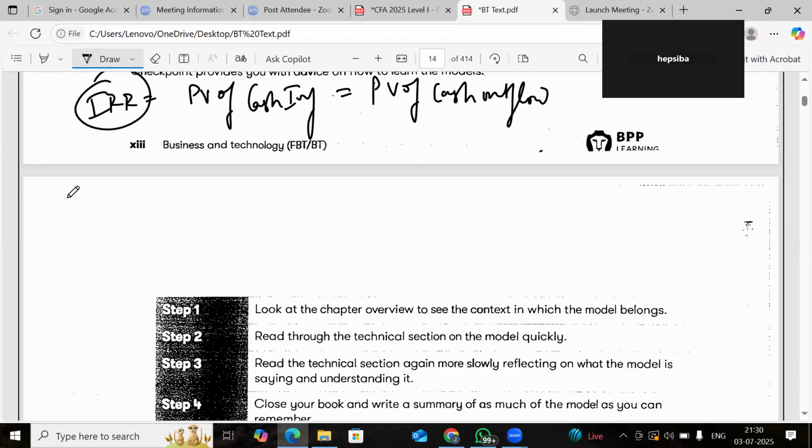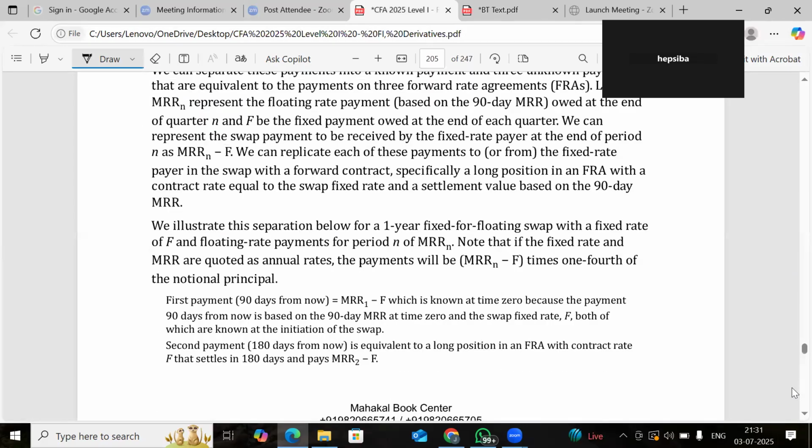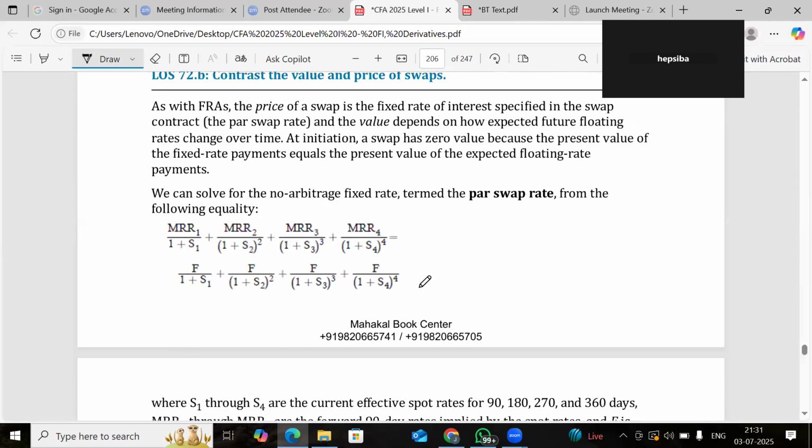Now let's do the calculation. First, I'm going to write the formula. Make a note of the formula, a very important formula. We can take the formula from the textbook also. This is the formula which we are going to follow.